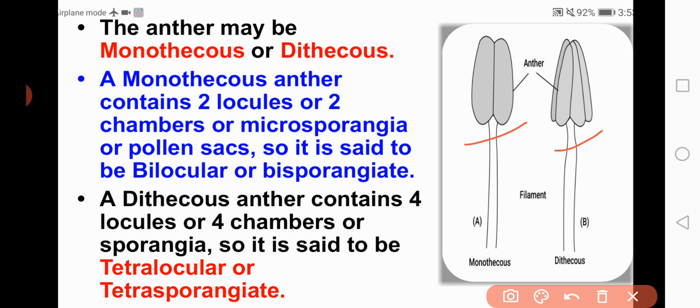Once again, when we take the section of the anther lobe, each lobe contains two chambers. The monothecous anther is unilobed, and the dithecous anther is bilobed.